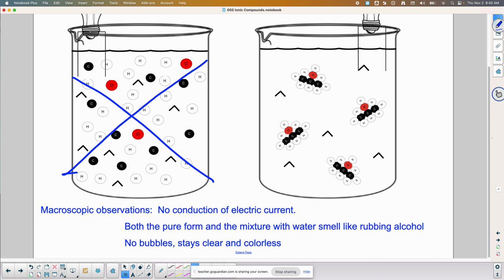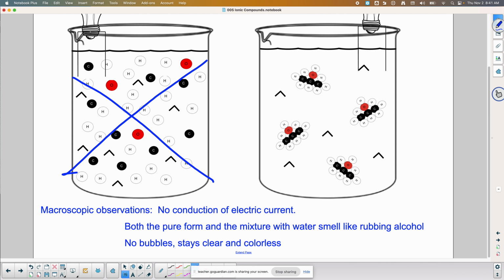They'd make diatomic pairs and they'd go away as gases, so we'd see some bubbling and fizzing upon dissolving. We didn't see that. We didn't see any conduction of electric current, and we did observe that both things smelled like rubbing alcohol. So idea 2 is what all the evidence says is likely to be the case.